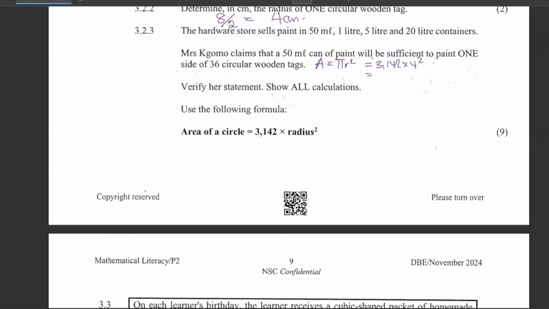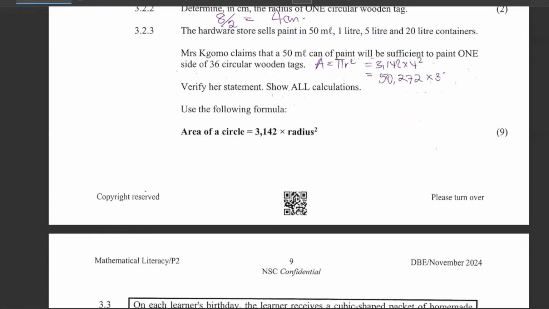Leave it. We're going to calculate it in centimeters squared first. So here we end up having this much. So we get this, we multiply it by 36.